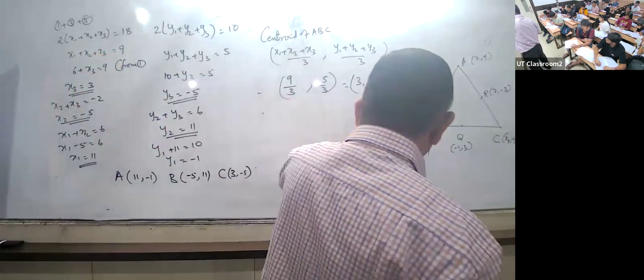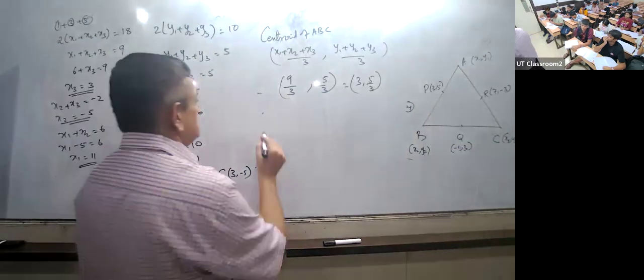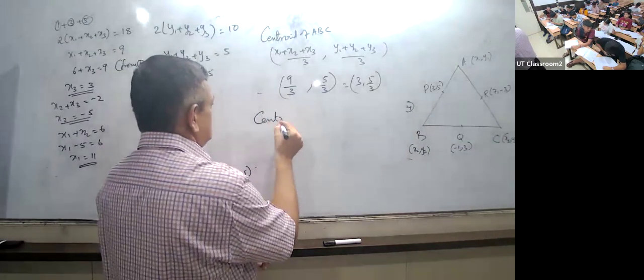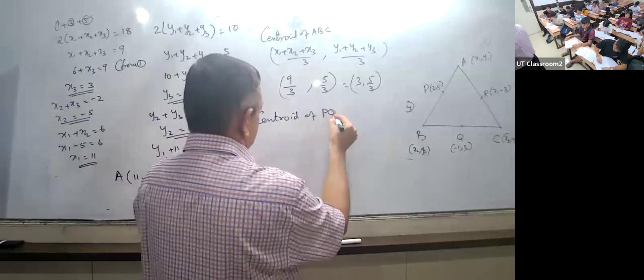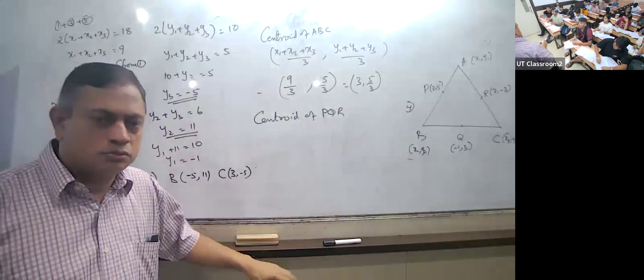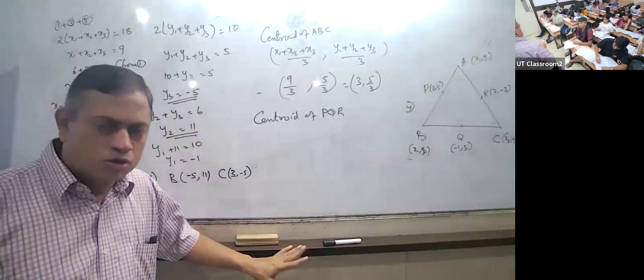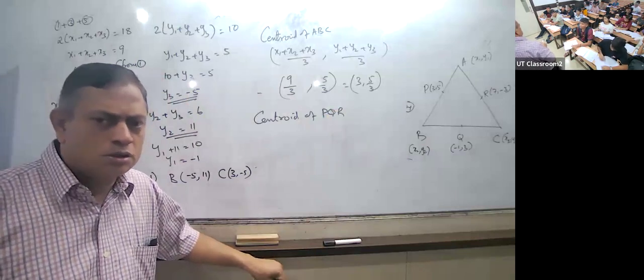Now, this is the second part you got. What is the third part we need? Centroid of PQR. Most of the people are not doing the sum. Pratish has not done, Arush not done, Shama not done.